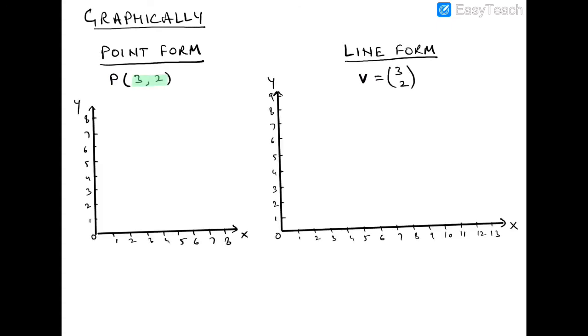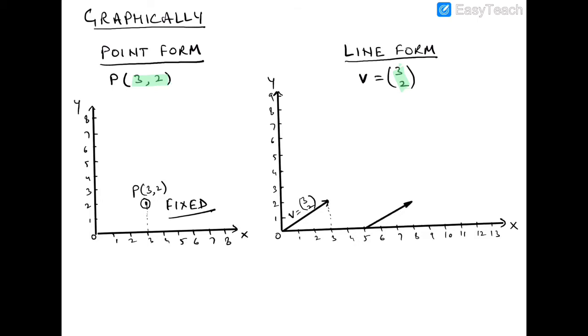In point form, let's plot 3 to the right and 2 up, and this point P (3, 2) is a fixed point in this plane, whereas in line form, v from the origin will give us v equals (3, 2).